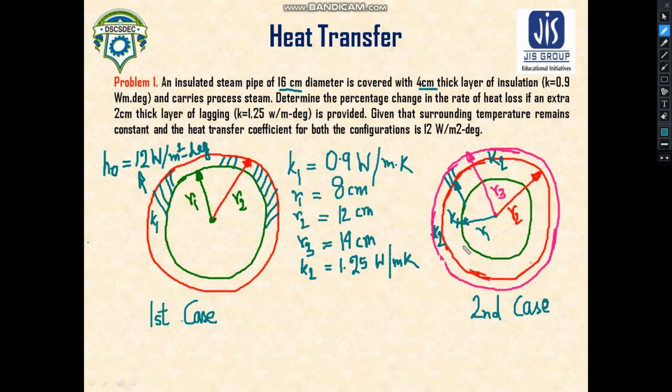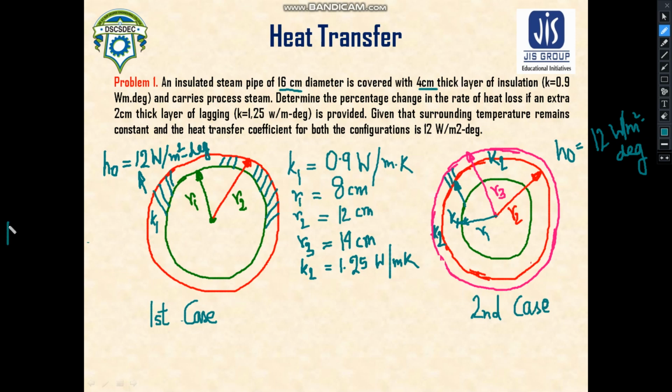And this process steam has the convection heat transfer coefficient of 12 watt per meter square degree. So in the second case, there will be two conductive resistances as well as one convective resistance. Now you need to do the mathematics.